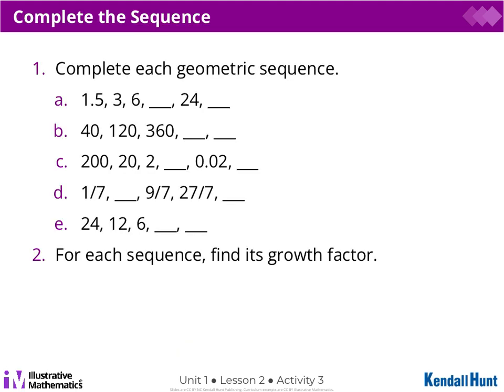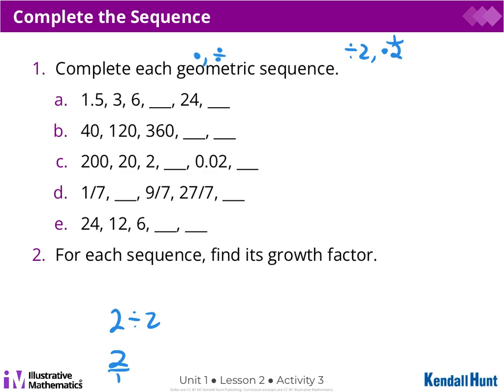Okay, so now complete each geometric sequence. When you see the word geometric, write the words multiply and divide, because we know if I divide by 2, that's the same as multiplying by 1/2 because of our fraction rules. Our fraction rule is, if we have 2 divided by 2, that's the same as keep the first fraction, since I could put any number over 1, it remains the same number.